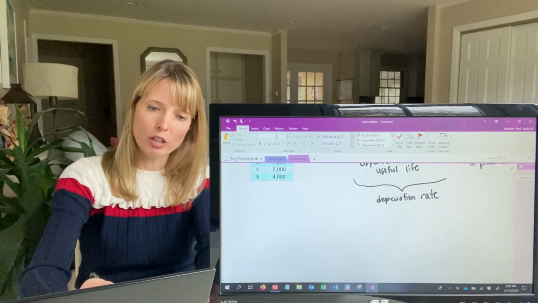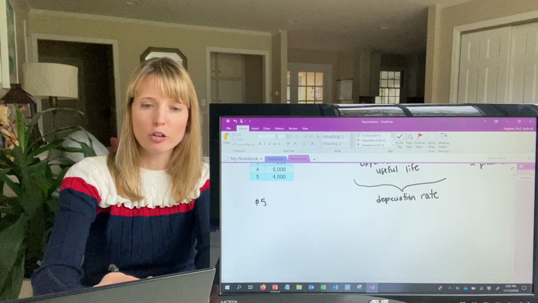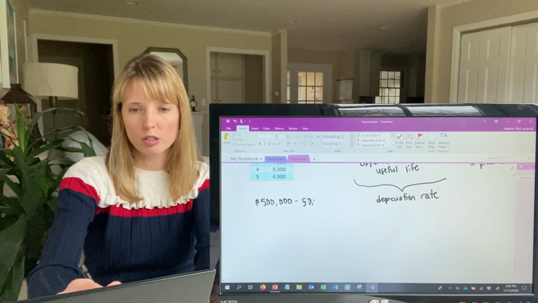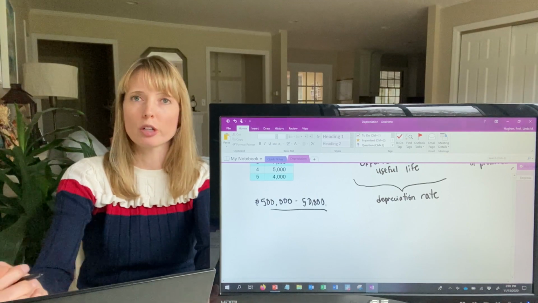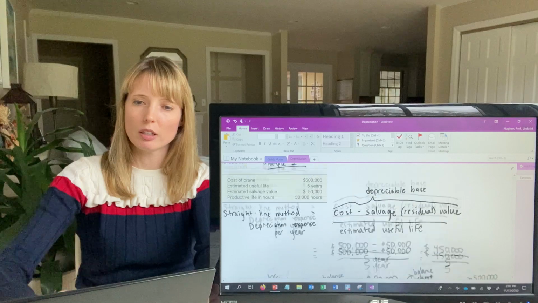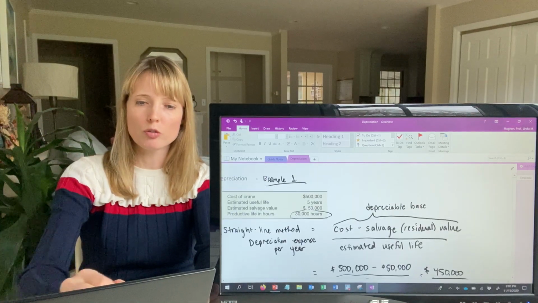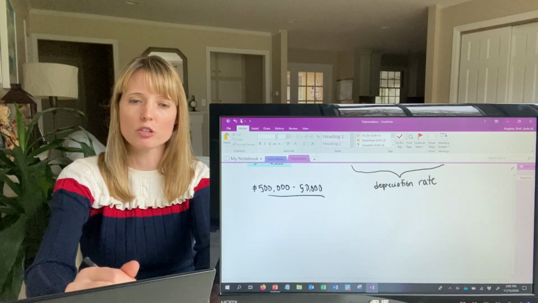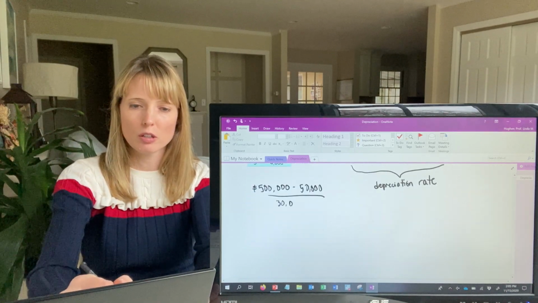So with our information that we have here, we have a crane that cost $500,000, subtract out the salvage value, of course, to get a depreciable base of $450,000. And this time we're saying this is going to be allocated across a useful life in terms of units, 30,000 hours, rather than 5 years.